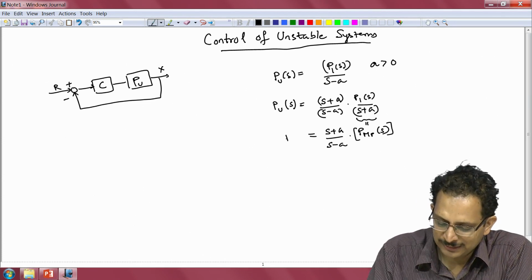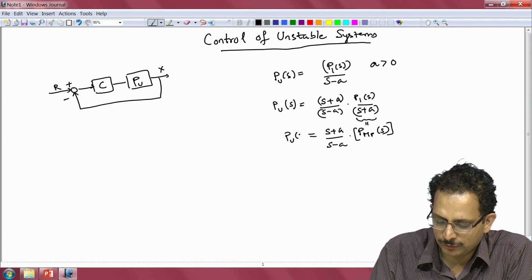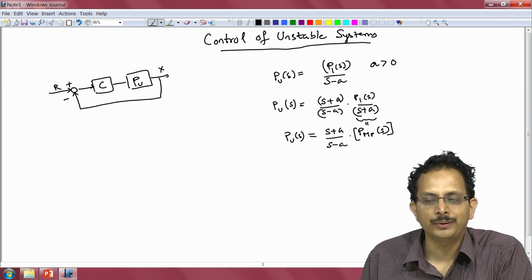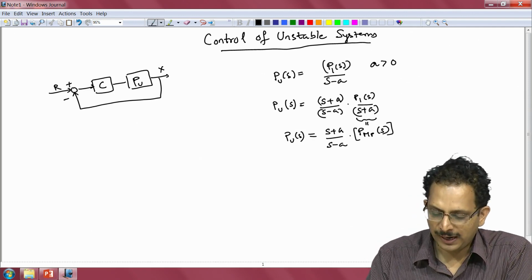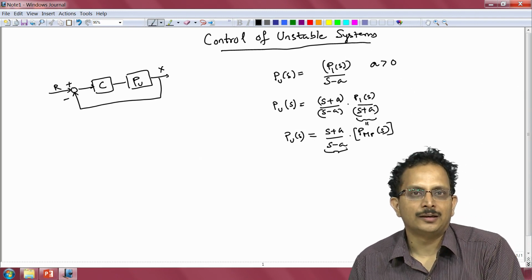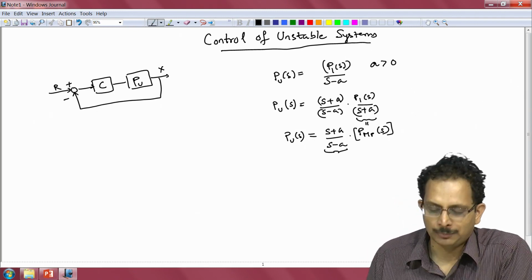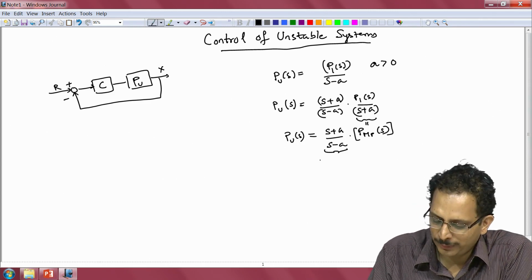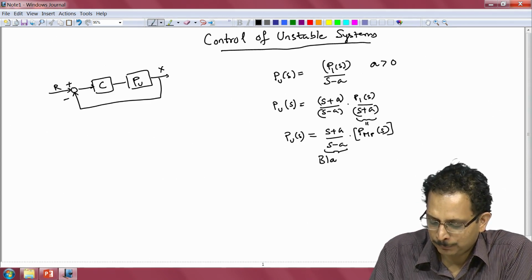So we can write the unstable plant's transfer function Pu of S as S plus A by S minus A times Pmp of S, and those of you who have looked at the lecture on non-minimum phase plants will recognize this term S plus A by S minus A to be another Blaschke product.